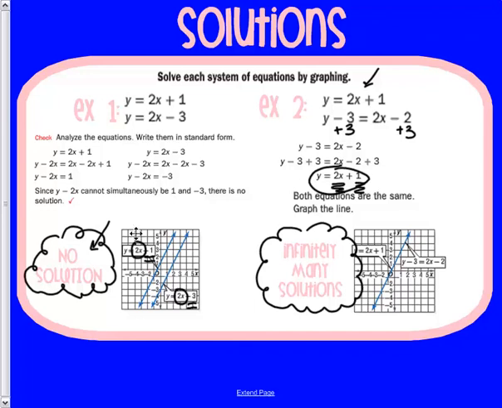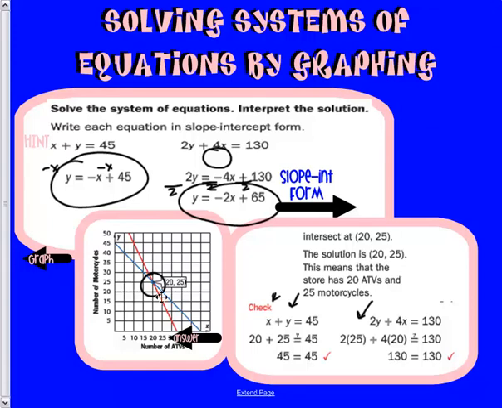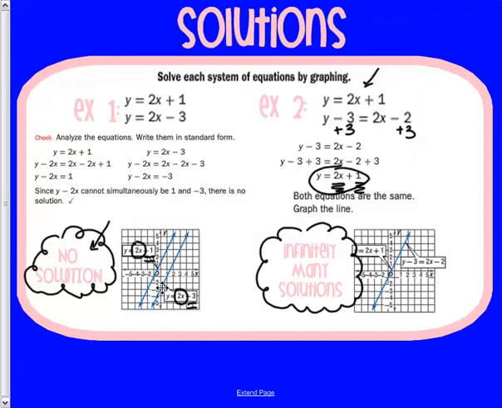So infinitely many solutions. Two things that you need to have in your notebook are no solution and infinitely many solutions. You can have one solution, like what we saw up here, where there's one intersection, you could have them not intersecting at all, no solution, or you could have infinitely many solutions.